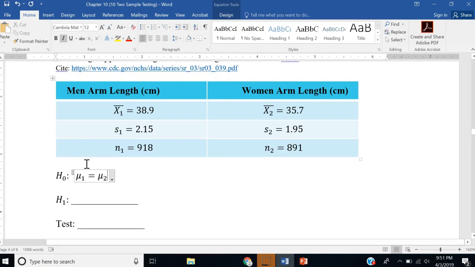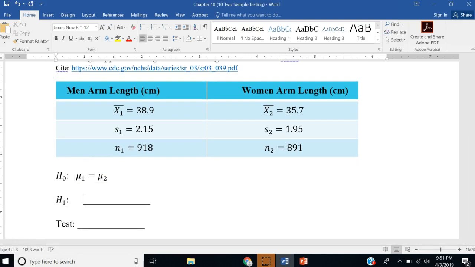Now, the key thing here in my alternative is that the claim is talking about the average for men greater than the average for women. Notice that I put men as group 1 and women as group 2. No reason for that, just that's how the groups are laid out.